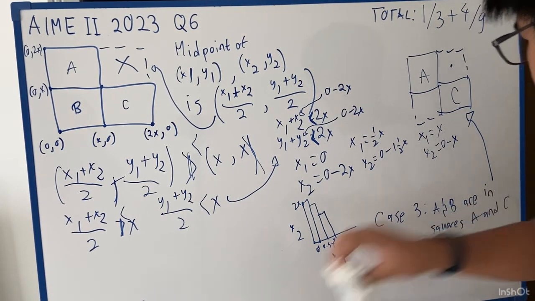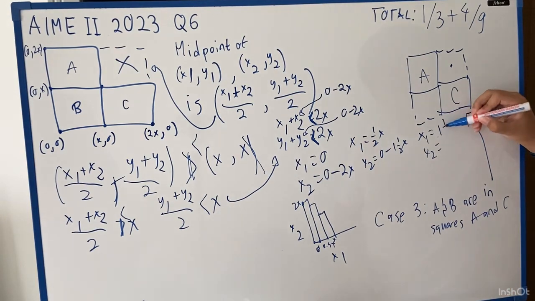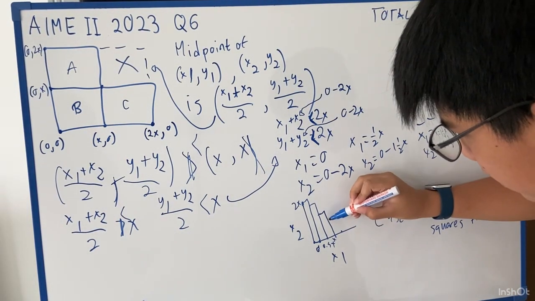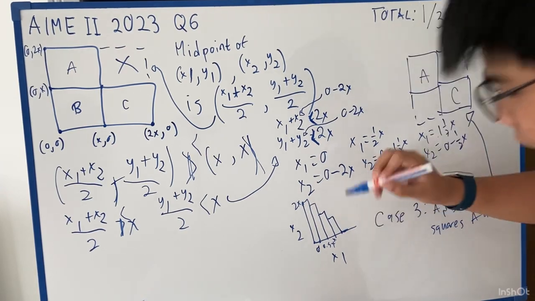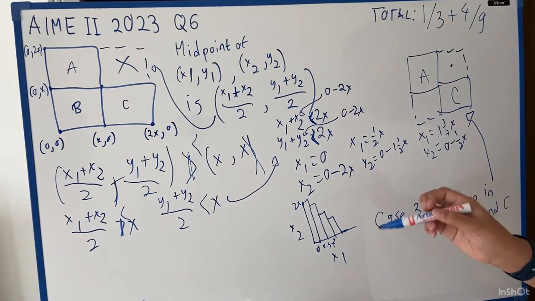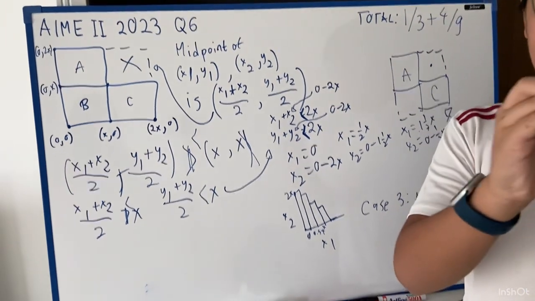Oh wait, I have to erase this. And if x1 is 1/2 of x, x2 is 0 to 1/2 x. And then eventually here is not possible. Okay, so basically as the x1 increases, the range of values that x2 can be decreases.